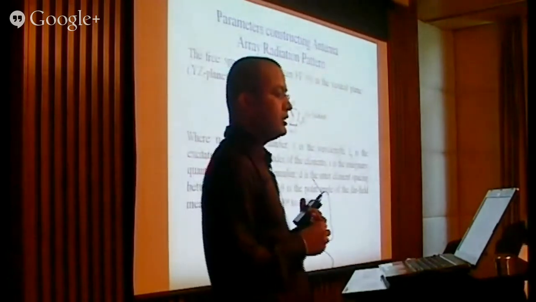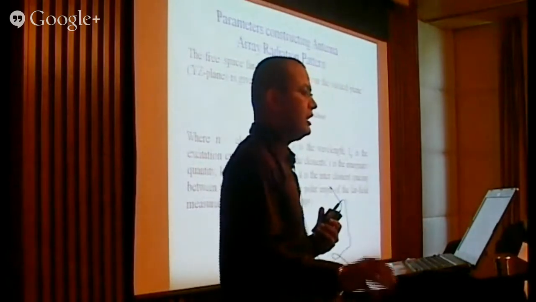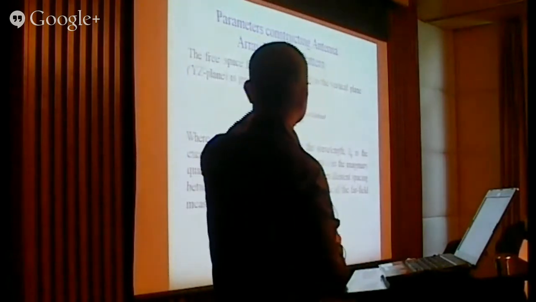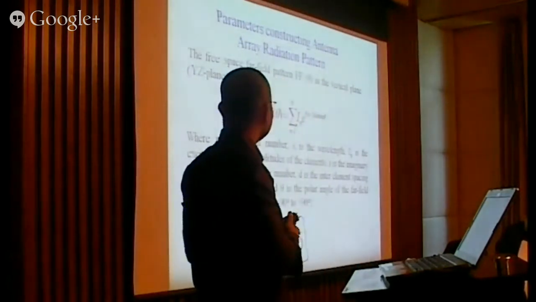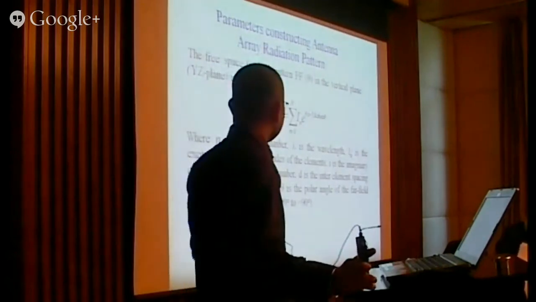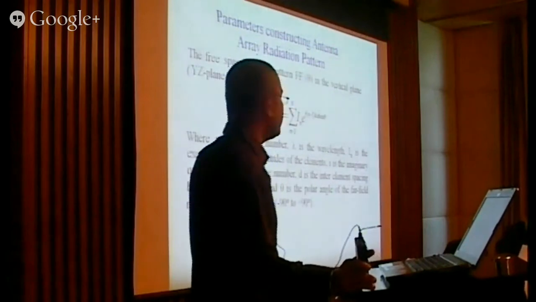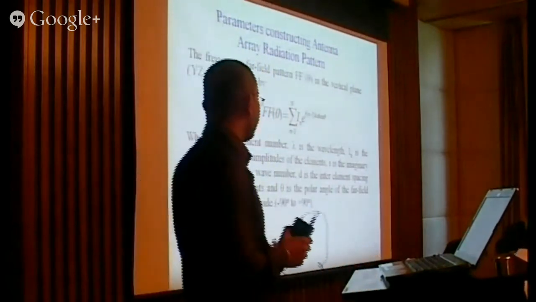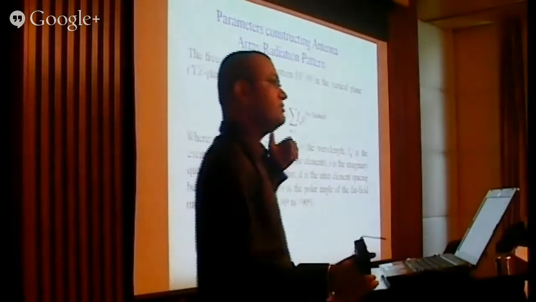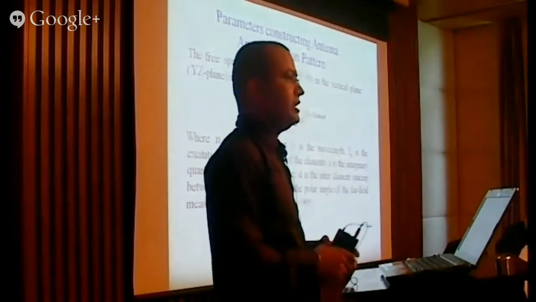For constructing the vertical radiation pattern, the array factor is given by the following equation, where N is the element number, I is the excitation current amplitude of the element, k is the phase constant or wave number, and d is the element spacing. Theta is the polar angle measured from the broadside, from -90 to +90.